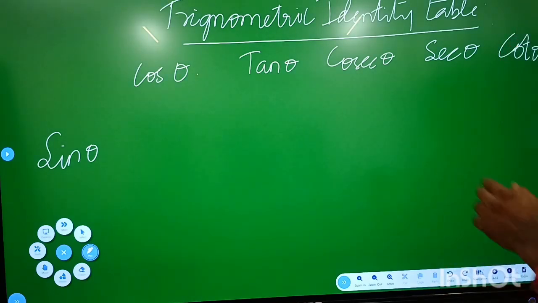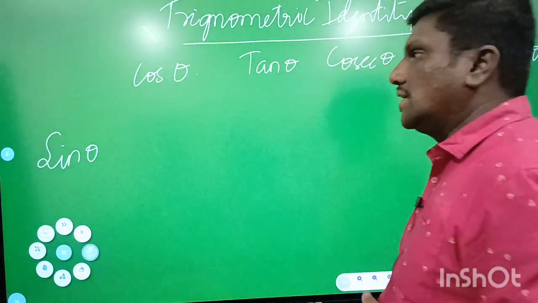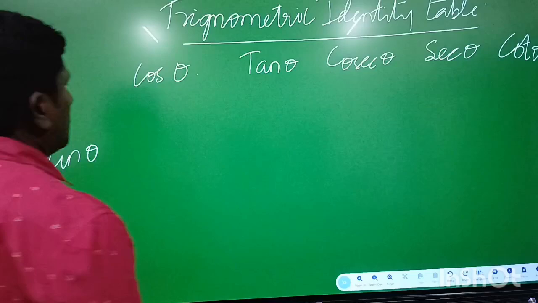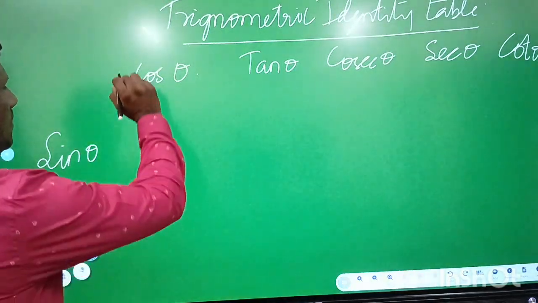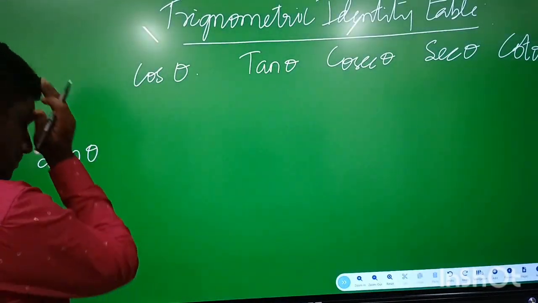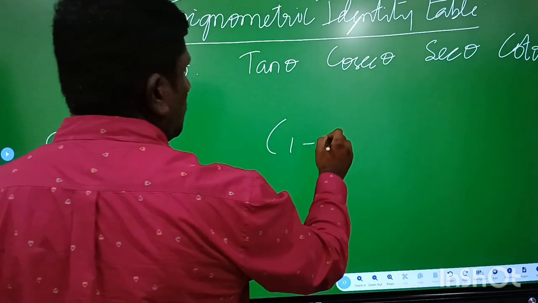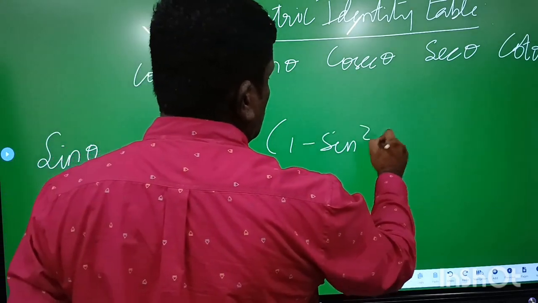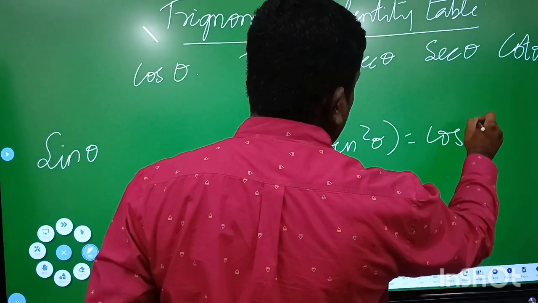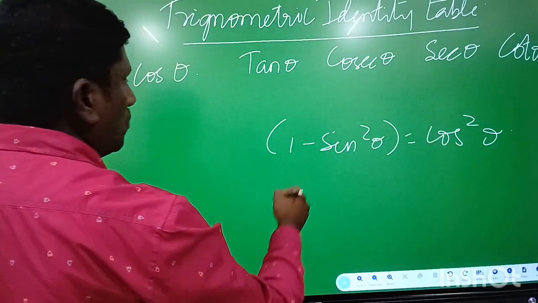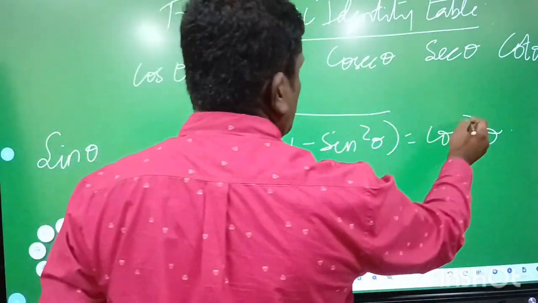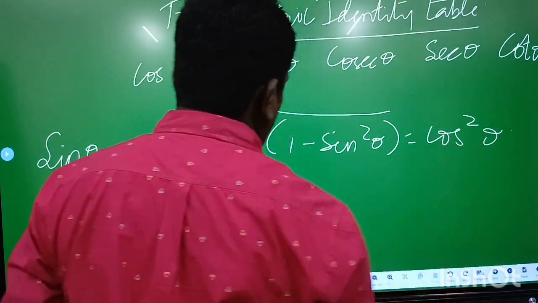Okay. So the first case here is about cos theta. You know the trigonometric identity for cos theta, which is 1 minus sin square theta. So 1 minus sin square theta is equal to cos square theta, right? So if I take the root of this, what will I get? I will get cos theta, right?